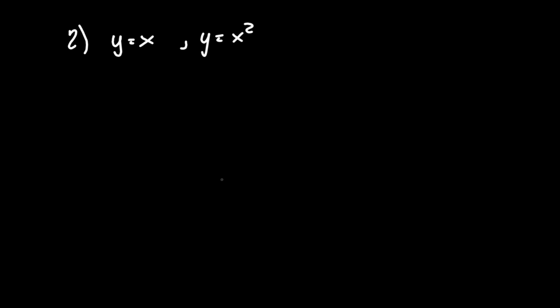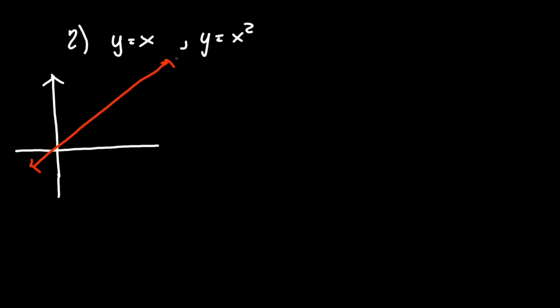Number 2. Y equals x and y equals x squared. First, let us graph this. Y equals x, this is just a straight line. And y equals x squared, this is simply just an exponential function.